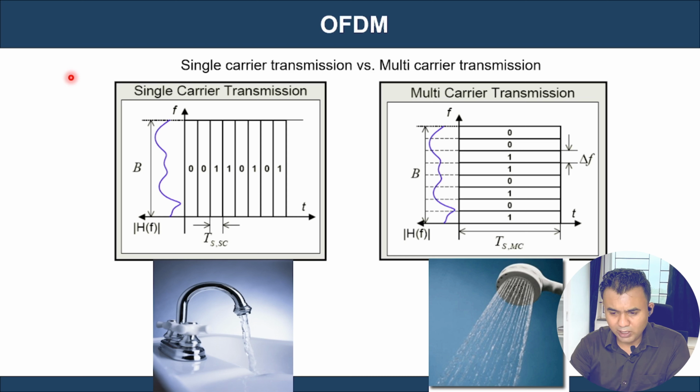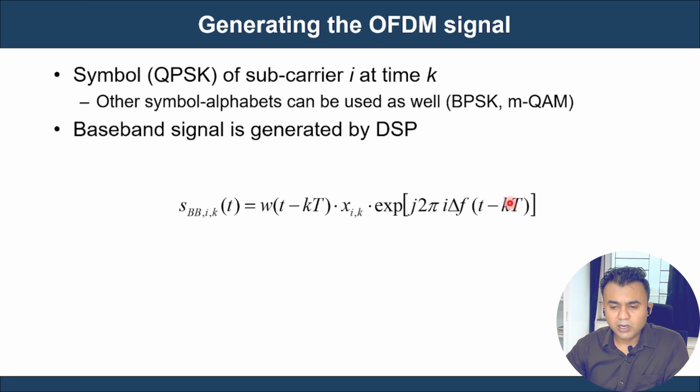Take a particular symbol and put it on a particular frequency carrier Fi, the ith frequency, at a particular time k. The other symbols can also be BPSK or QAM or any version of MQAM. Any symbol we pick up and put on a frequency carrier i, which is generated through the OFDM signal. See here how we do that.